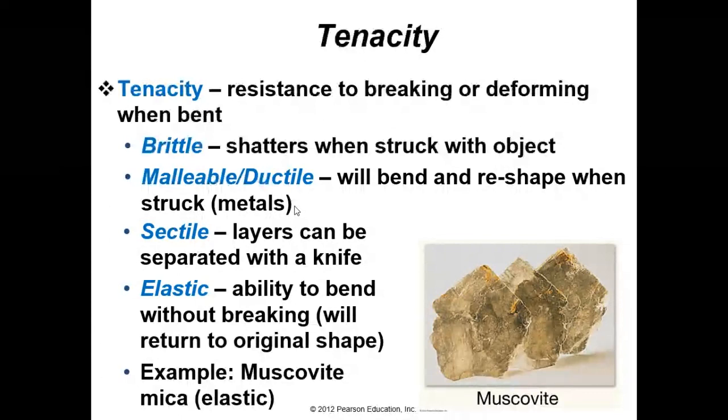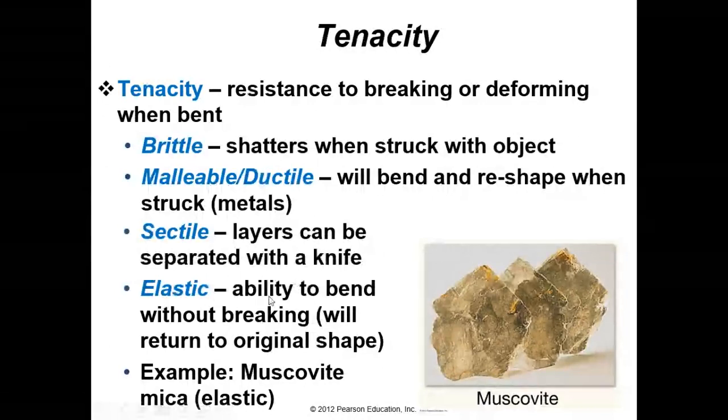Basically, malleable means it'll reshape when pressure is applied to it. Sectile means layers can be separated with a knife. Examples of minerals that are sectile tend to be minerals that have that one cleavage plane.